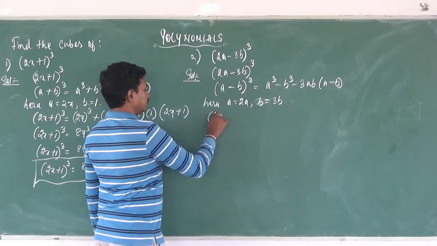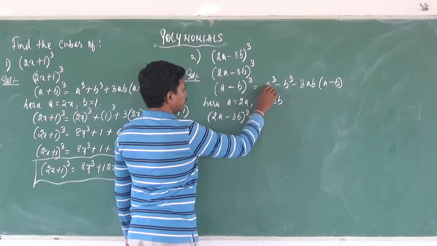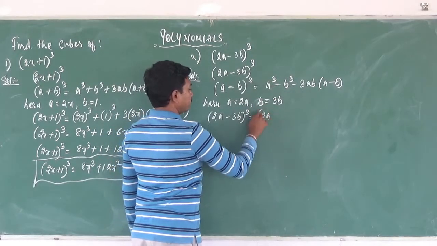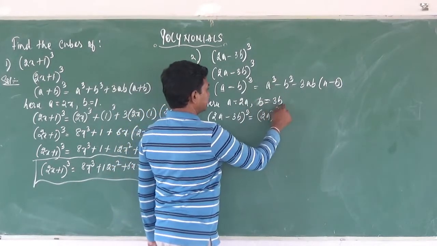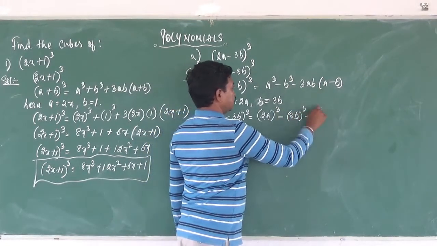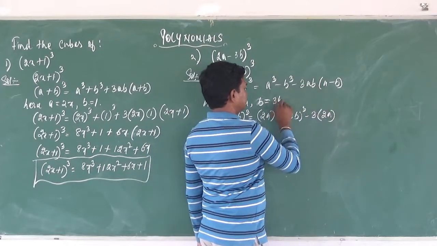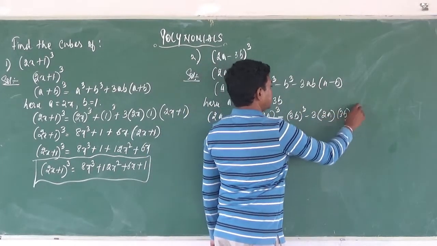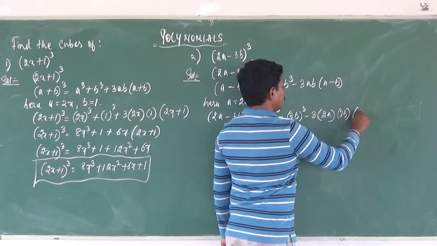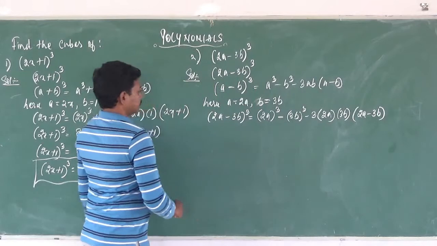So 2a minus 3b whole cube is equal to a is 2a, a cube is 2a whole cube minus b is 3b, b cube is 3b whole cube minus 3 into a is again 2a into b is 3b into a minus b is 2a minus 3b. Okay, this is the substitution step.